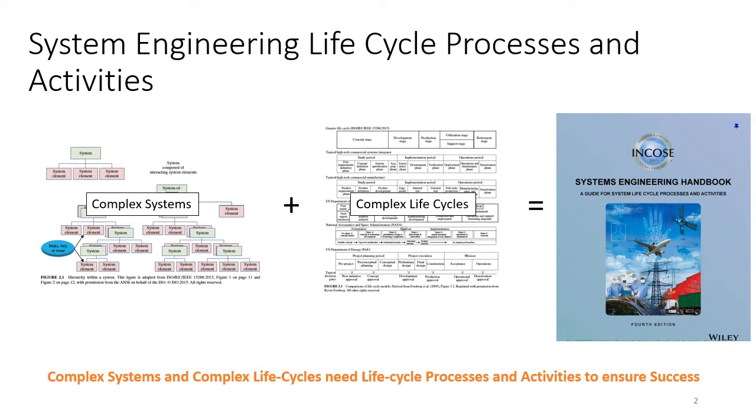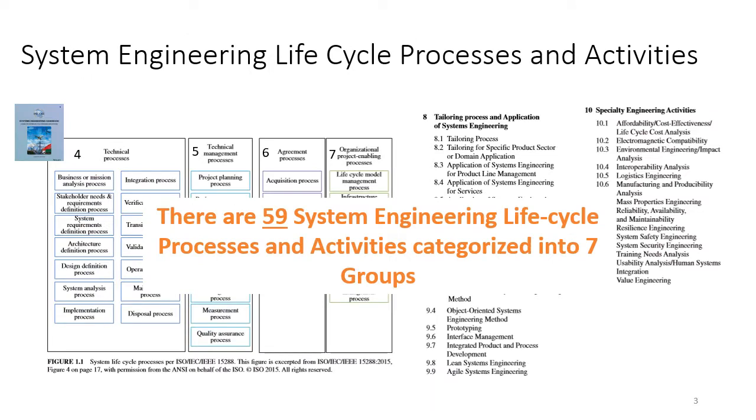The System Engineering Handbook encapsulates all of the lessons learned and best practices for developing complex systems in the presence of complex life cycles. Those processes and activities number up to 59, grouped into 7 groups.